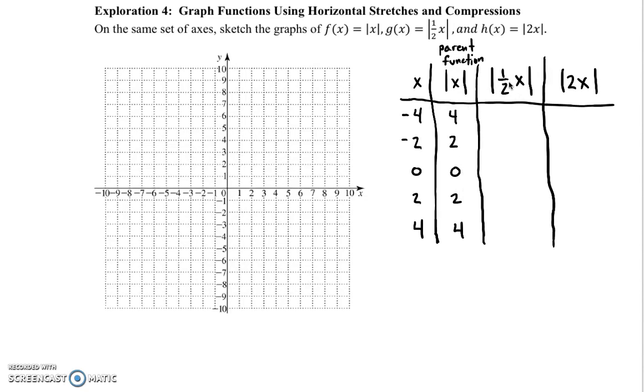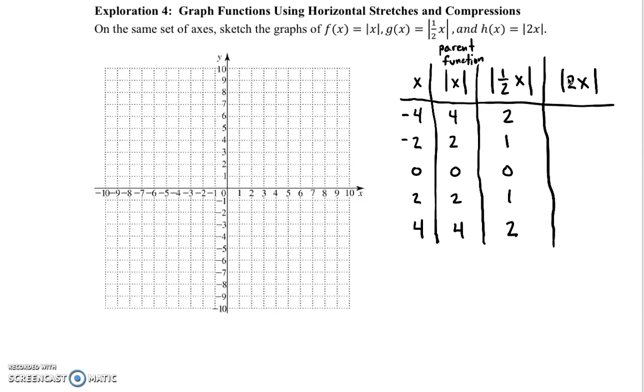Okay, if we plug in -4 to the absolute value of 1/2 x, we get 1/2 times -4, which is -2. And then when we take the absolute value of that, it becomes positive. So let's see, we get 1, 0, 1, and 2 if we fill out that line.